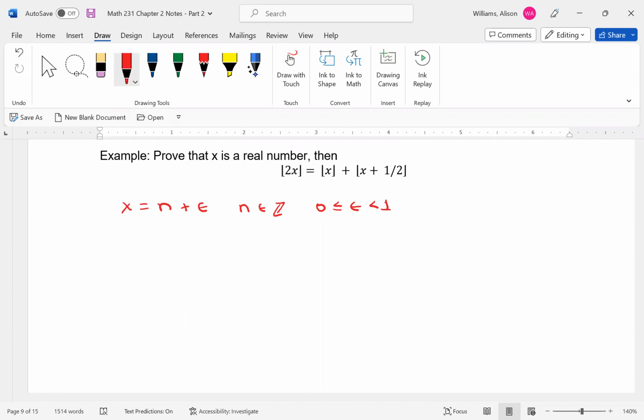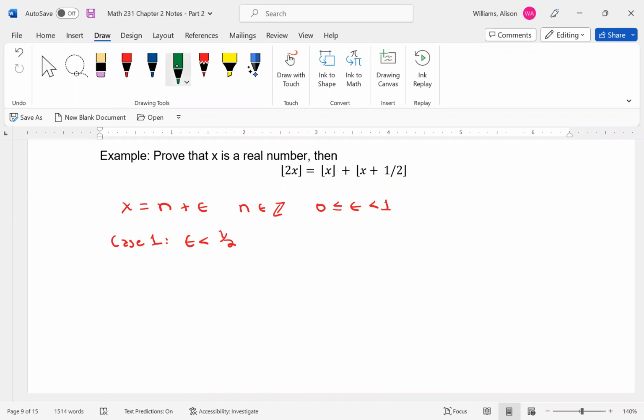So there's 2 cases. Case 1. Let's look at when epsilon is less than 1/2. Let's say 1/2. It's fine because they have the 1/2 in there. Okay, so if epsilon is less than 1/2, so we're at the 1/2 mark and below. It's technically below 1/2, which means that when we plug it into here, right, if it's below 1/2, it's not going to bump us up to the next integer.